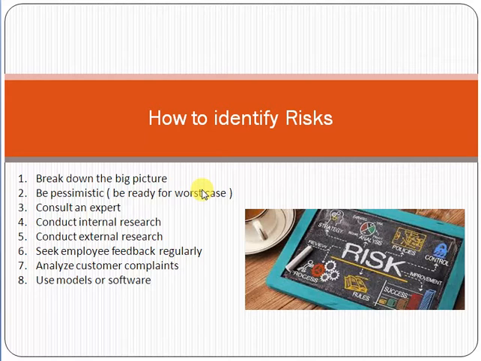Uncertain condition means that you don't know whether this will happen or not. Always remember, it is not necessary that risk will always have a negative impact. It is wrong. Risk can have a positive or negative impact. If it has a positive impact, it becomes an opportunity, and if it has a negative impact, it becomes an issue.